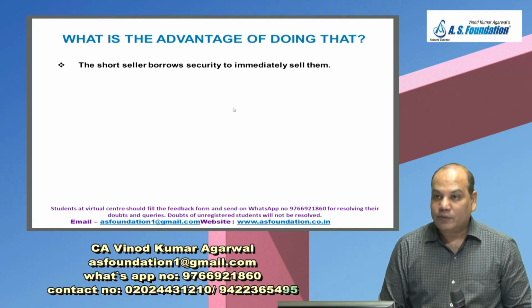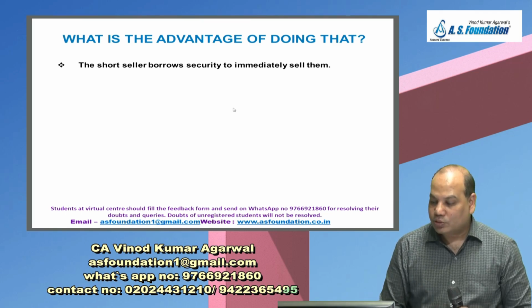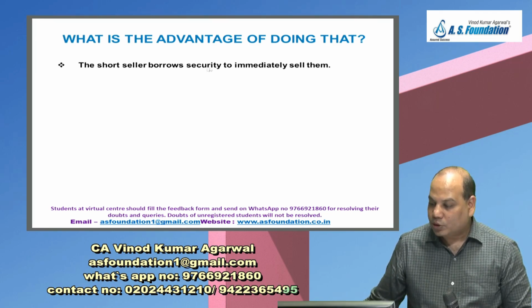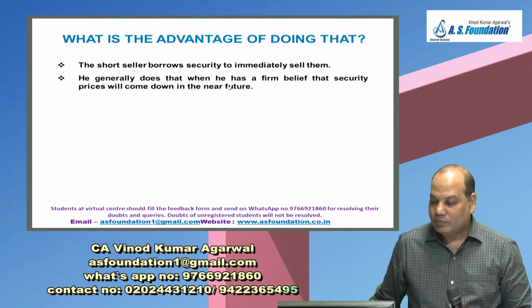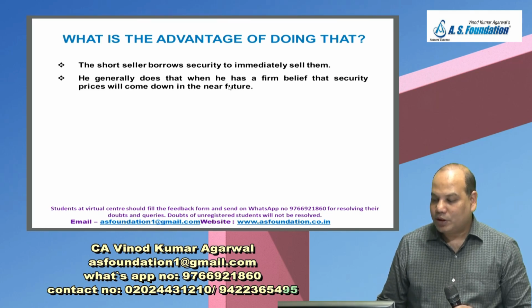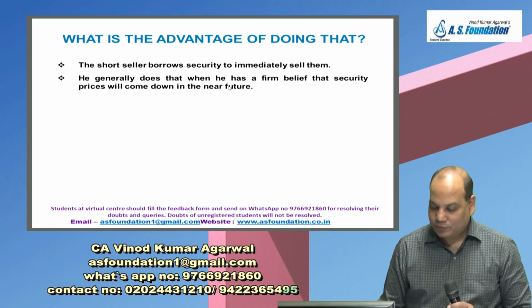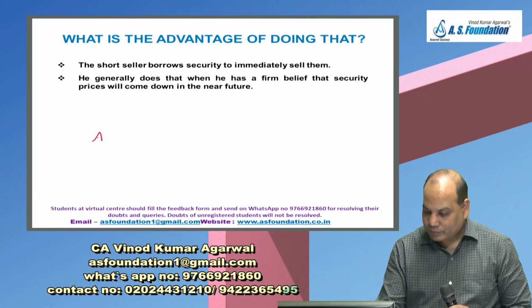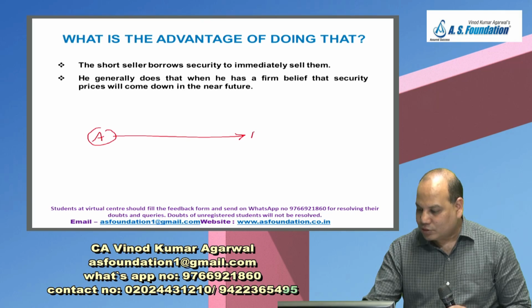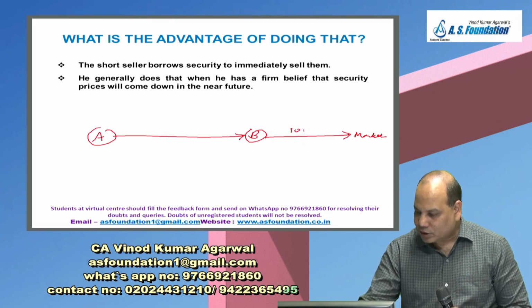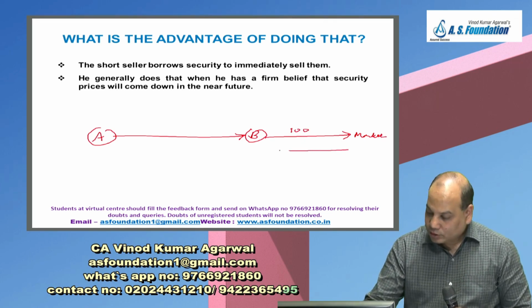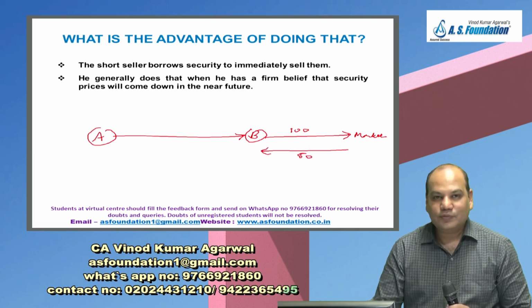Now, what is the benefit of short selling? Why would a short seller do that? The short seller borrows securities to immediately sell them. Why? Because he has a firm belief that the security price will come down in the near future. So A will lend his share to B. B will sell it in the market. Suppose B sells at 100 rupees in the market. Later on, the market price falls to 50.